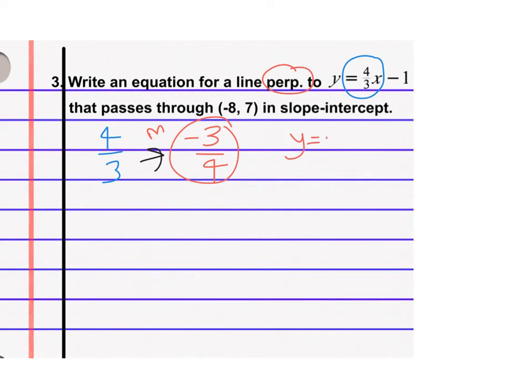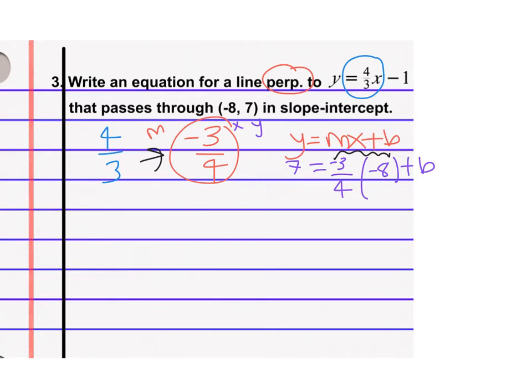So slope-intercept, I want y equals mx plus b. Then I take my point, maybe I'll do purple, negative 8 is my x, 7 is my y. Some people are putting those in backwards, so 7 goes in for y. Negative 3/4 was my m. Negative 8 was my x plus b. So make sure you're doing the right order.